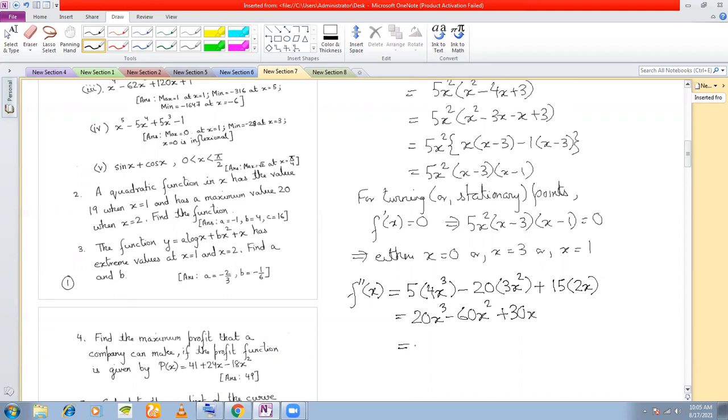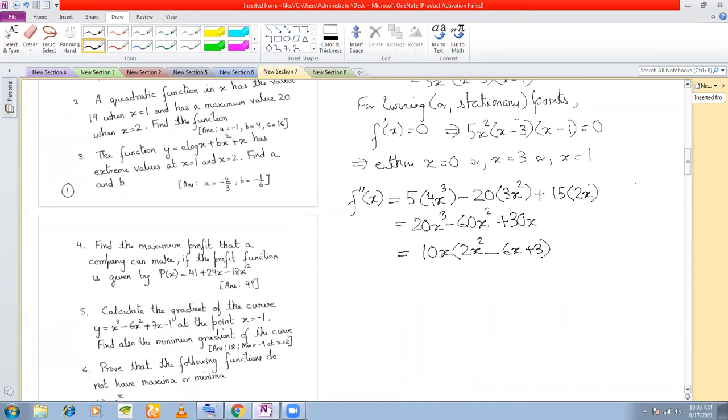From this now you can take 10x common. You get 10x times 2x square minus 6x plus 3. Okay, so this is what you are getting. You don't need to factorize this because we only need the sign. So we check at x is equal to 3, f double dash x is equal to f double dash 3.